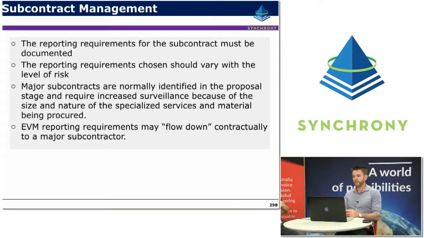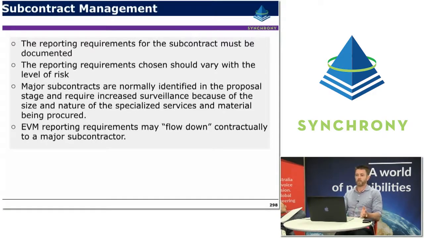The reporting requirements should be chosen to vary with the level of risk. So if there's a high level of performance risk and you're concerned about performance for some particular reason, it might be a critical package of work, then it's really worthwhile to make sure that those earned value requirements are written into the contract. Whereas if it's a lower risk package of work, it may not be necessary, and it might just be more of a transactional nature.